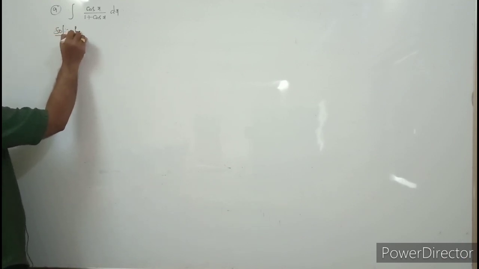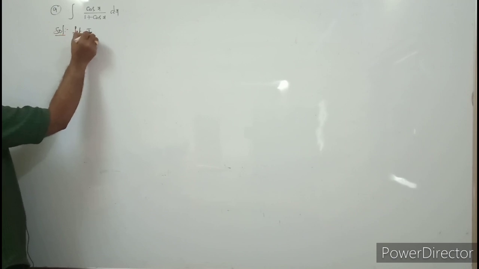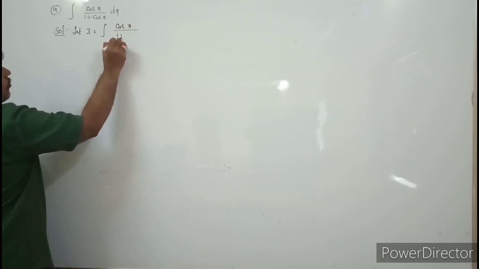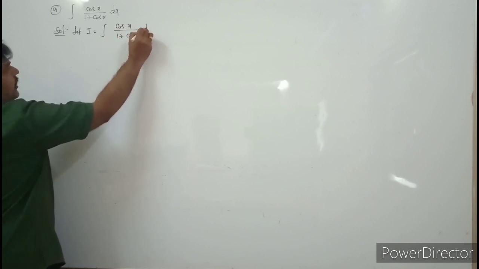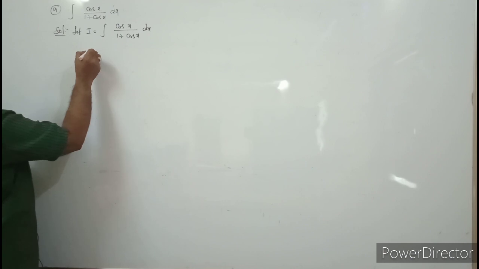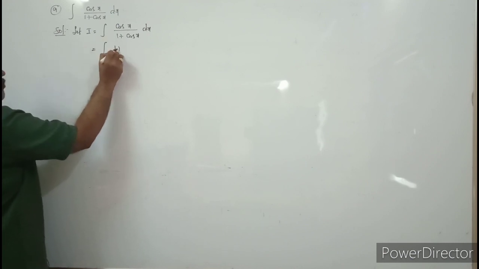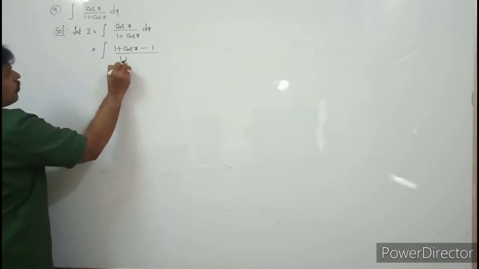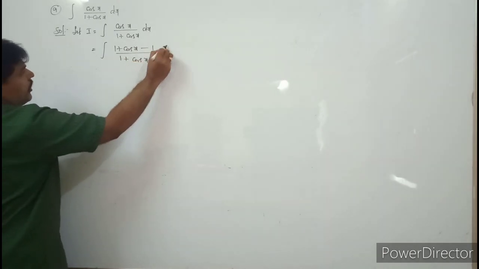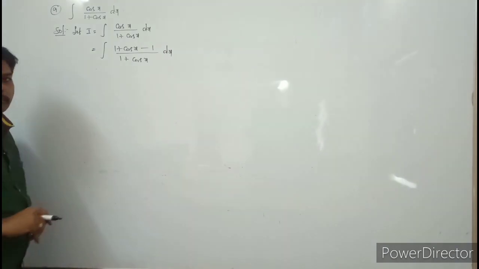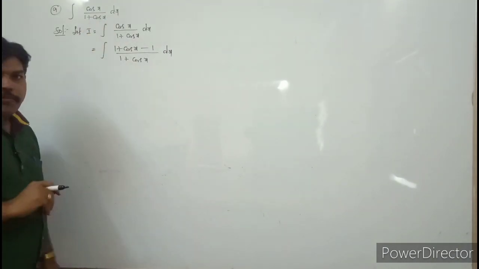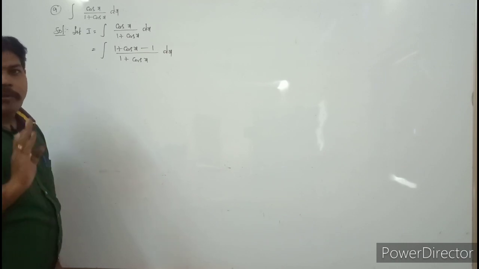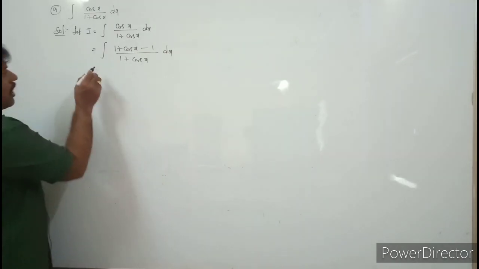So let I is equal to integral of cos x by 1 plus cos x into dx. What I will do is write integral of 1 plus cos x minus 1 by 1 plus cos x into dx. In the numerator, the plus 1 and minus 1 will be cancelled, it will become cos x, nothing will change.